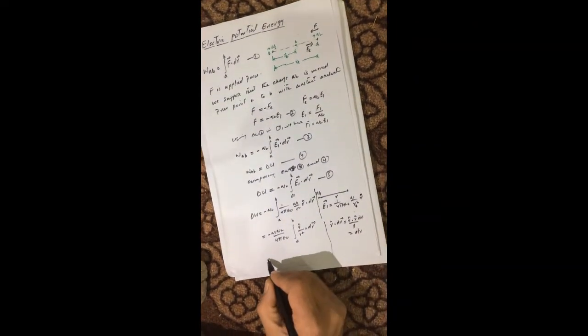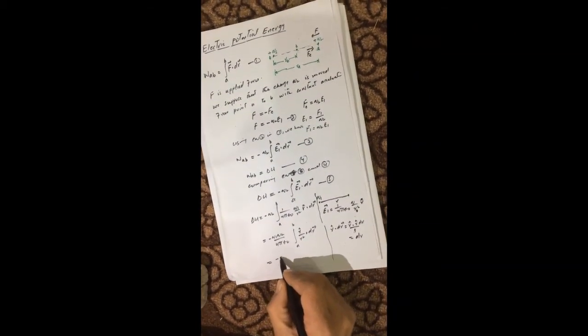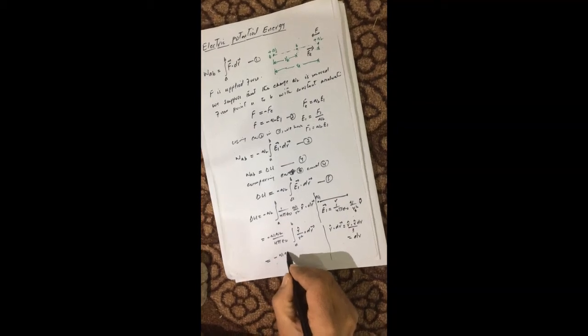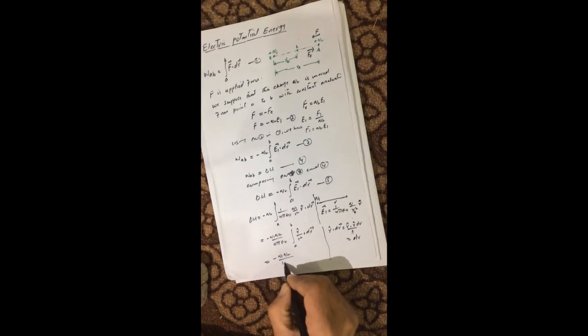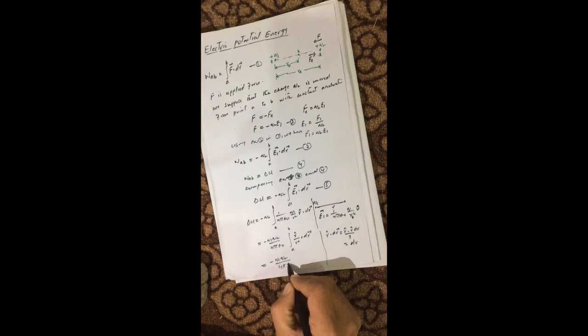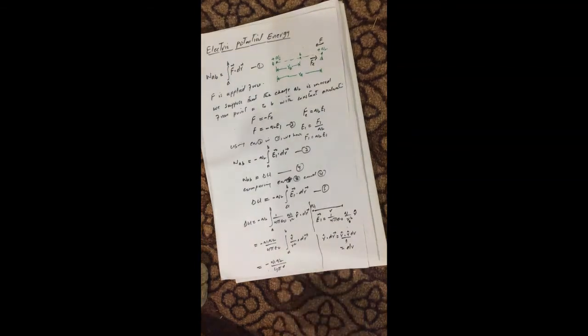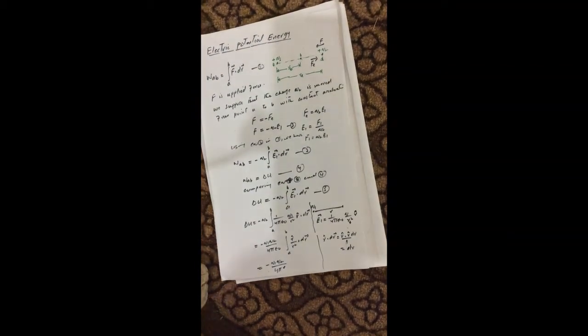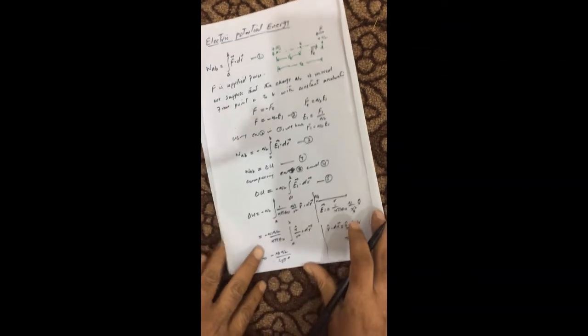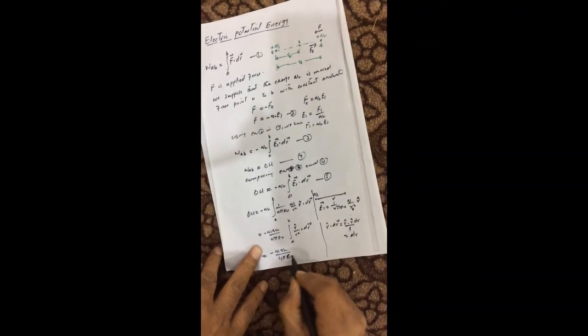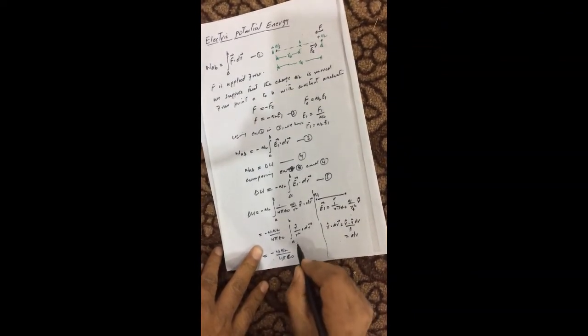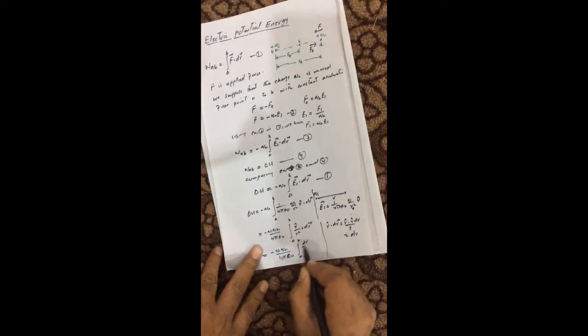So this equation will be equal to minus Q1 Q2 over 4 pi epsilon naught, and we have the integral from A to B of dr over r square.